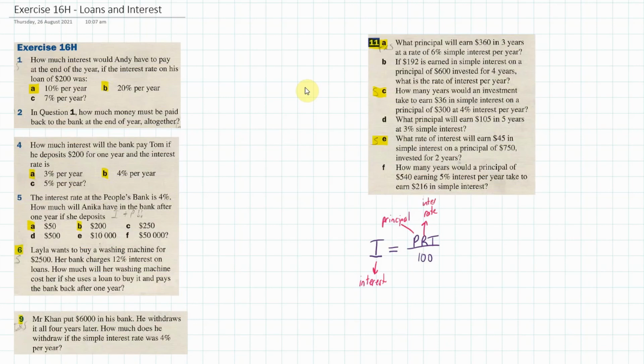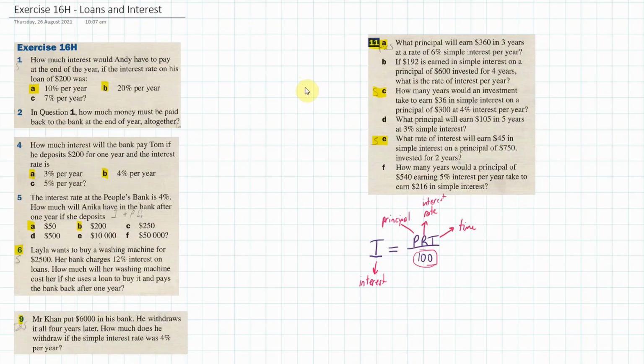And the 100 at the bottom is so you don't need to put a percentage in there. That's associated with the R. And this is the time invested in years. Okay, so let's get into this.